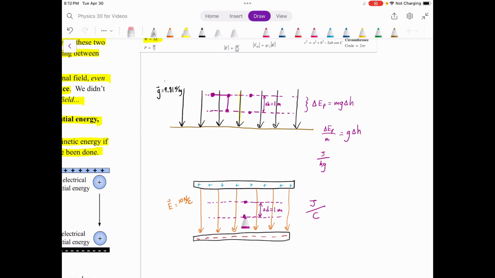The only thing we don't know is how big is the charge we're actually moving. So let's not worry about that and say how many joules of energy would it gain or lose per every coulomb of charge that it has. And now we can talk about the difference in potential energy here versus here. It's just the difference in potential energy per coulomb of charge.